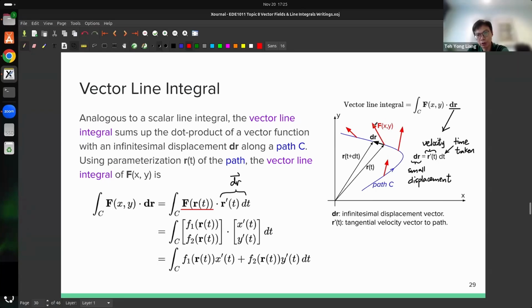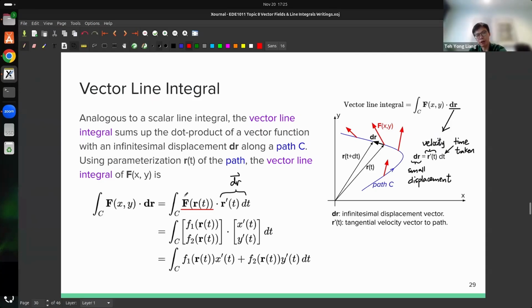For example, at this particular x, y, that means at this particular r of t, you sub x of t, y of t into F, so you can calculate F already. Then you take F dot product with this dr, which has been evaluated to be r prime of t dt.